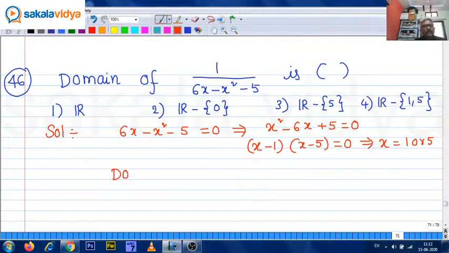Domain equals set of real numbers minus 1 comma 5. So the fourth option is the right option. Yes, Suma, Preeti, Swati, Infinite Kings.